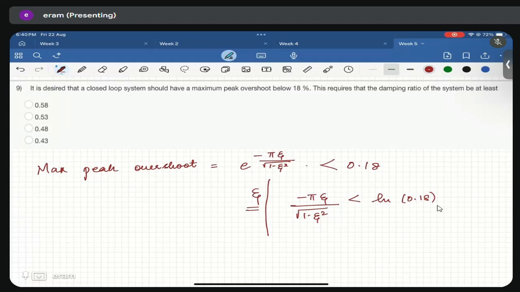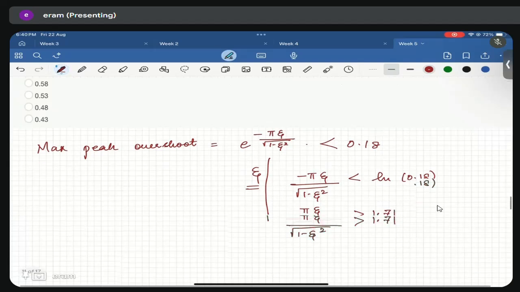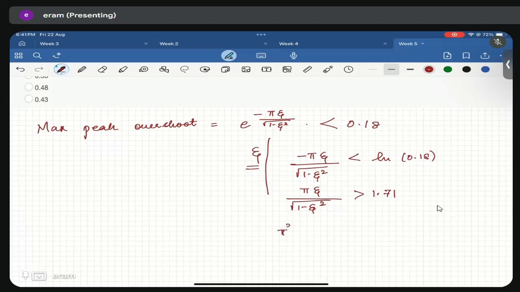How much are we getting? This you will get something like this, then you can square both sides.